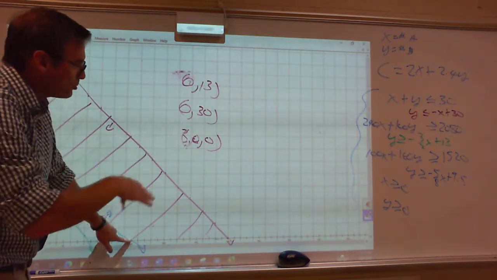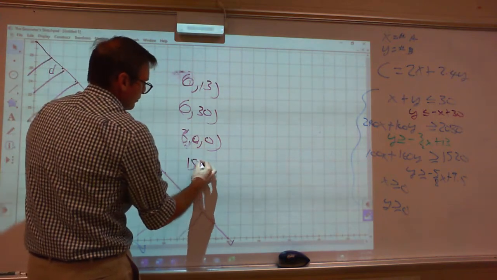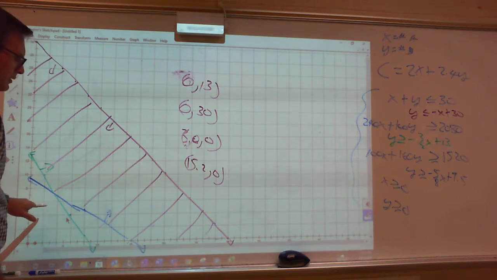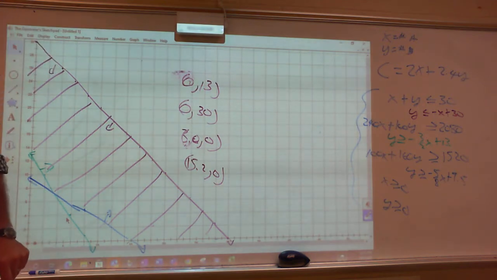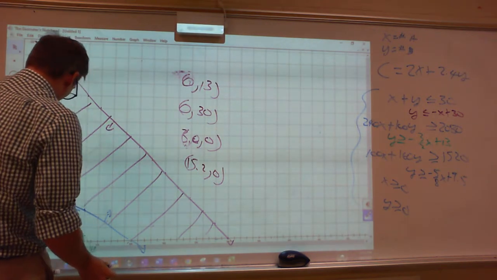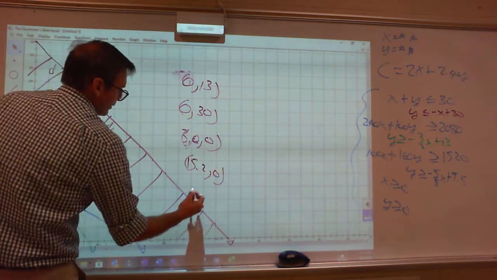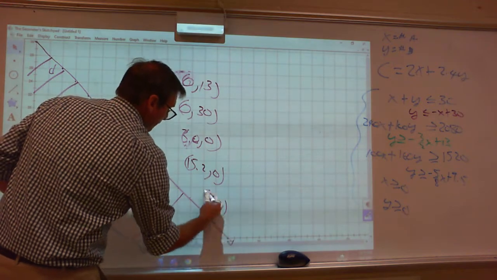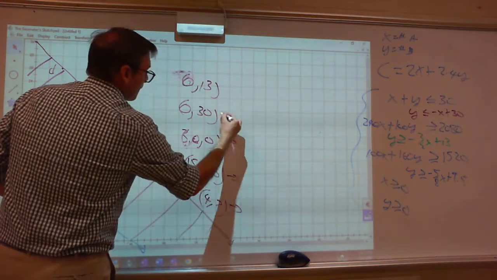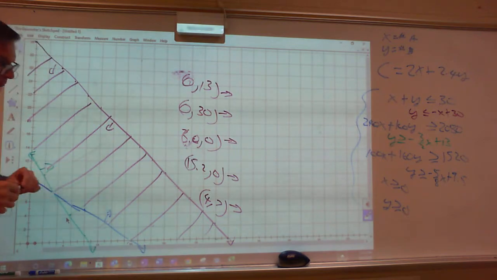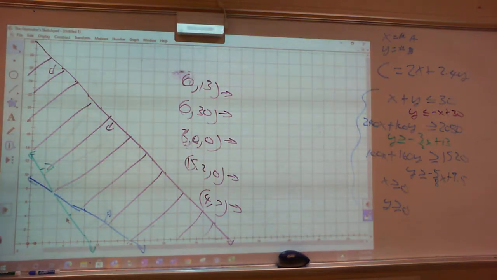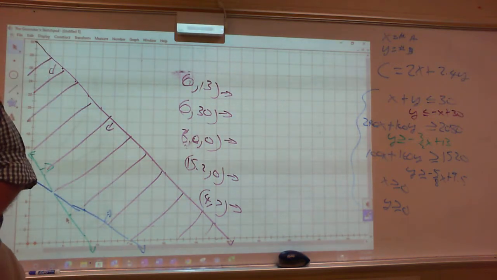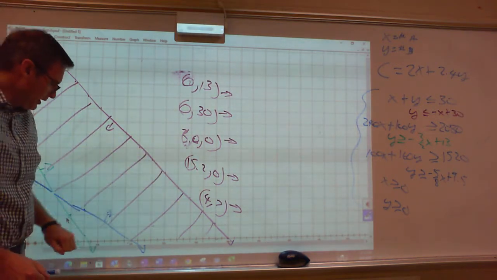I had to do some algebra to figure this part out, but it ends up being 15.2, comma 0. And this one, I had to do some algebra, but it actually turns out pretty nice. It ends up being at the point 4, 7. So as ugly as this picture is, these numbers aren't super bad. That one's not pleasant.